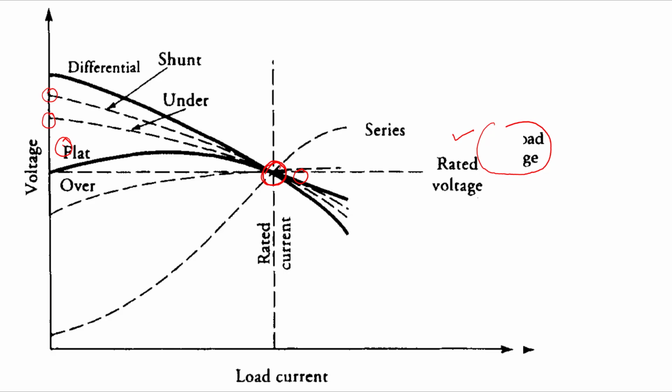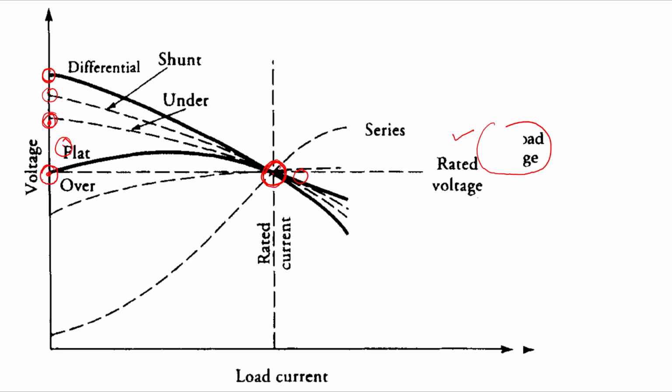And for under compounded, this will be the starting point of the characteristic. Similarly, for the differentially compounded, it will be even higher, right? But in case of flat compound, wherever the no load voltage starts, the full load voltage will be the same. So that means your flat compound generator has better voltage regulation as compared to other generators, right?